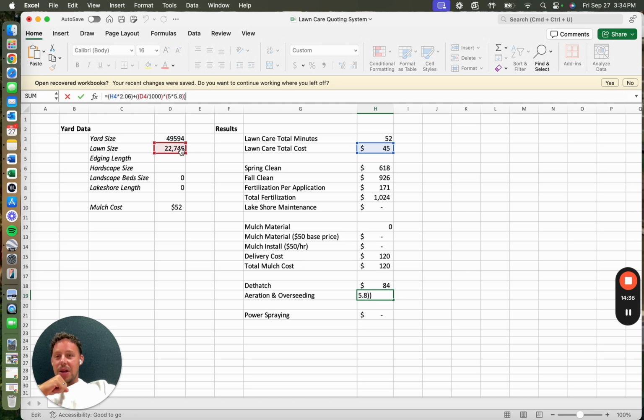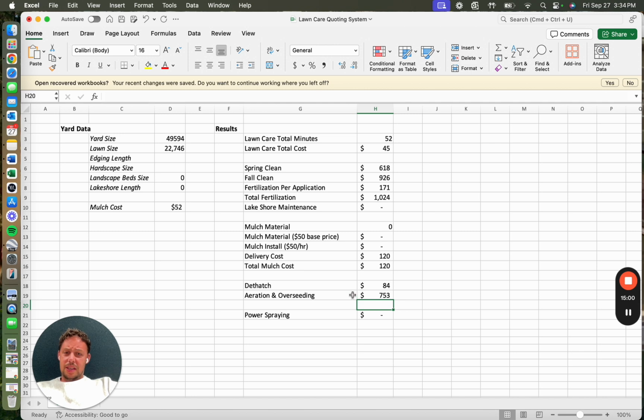Then we multiply it by 5, because we do 5 to 10 pounds of seed per 1,000 square feet. Then we multiply it by the price of our grass seed per pound. Okay, that was a lot. So we do have that price, which is great. It's going to cost $750 to aerate and overseed that place.